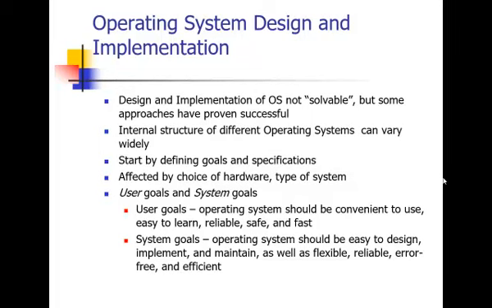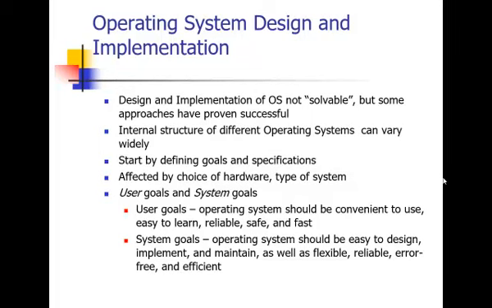So mainly the system goal should be focusing on maintenance as well as implementation, usage, reliability, and error handling. Because an operating system should be easily maintainable for a normal user without showing the complexity of the inside operations to the end user. So that is very important.